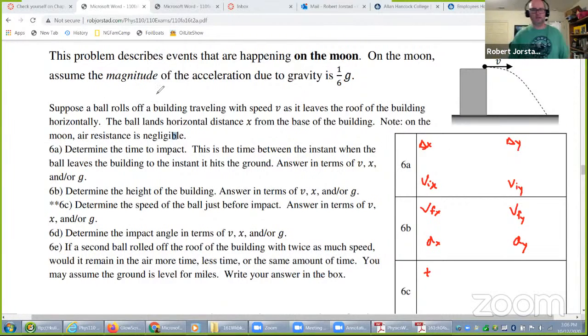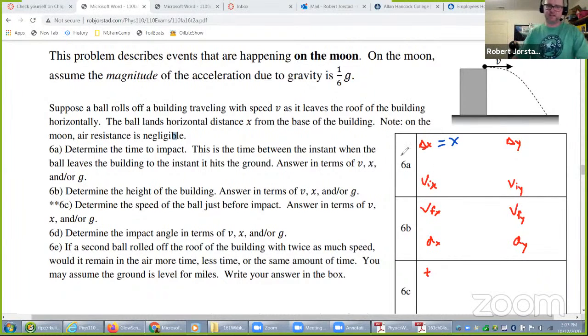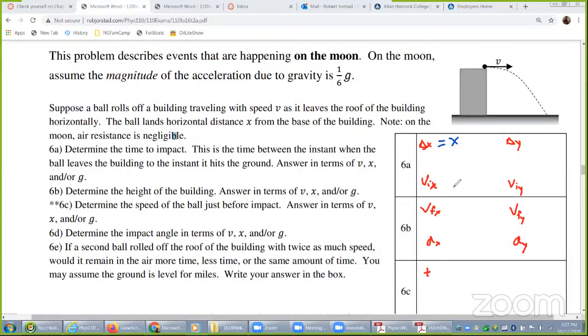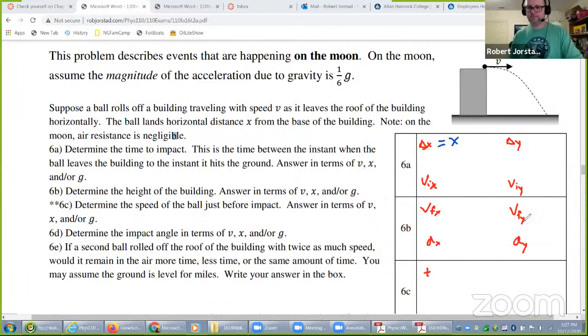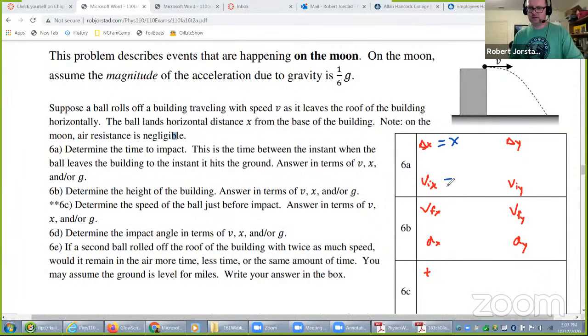All right. So what are some things we know then? So we know delta x is x. Okay. Somebody else. What's something else? We know velocity is v. Which one? Both. Oh, for x. Sorry. Initial or final? Both.